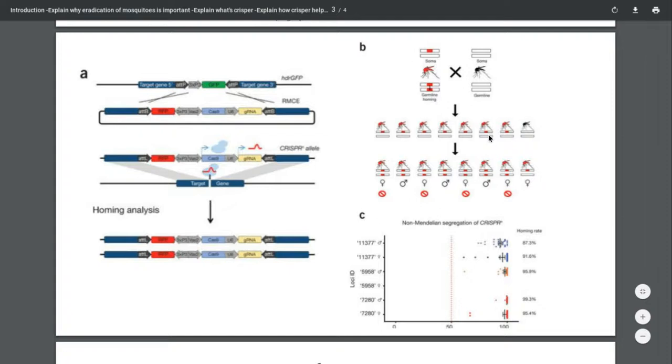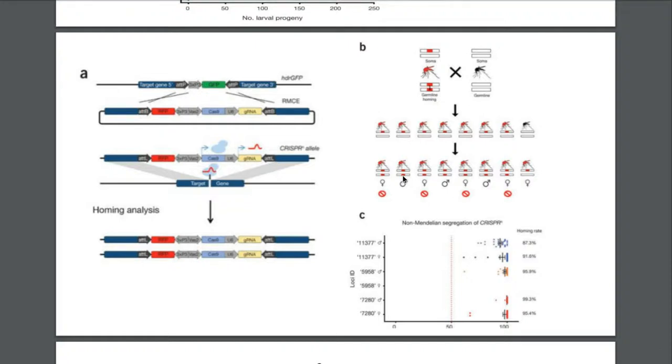Over generations, the mosquitoes that had one copy of the gene now had two copies of that same gene. It was able to cause a double-stranded break and insert into all the target genes that they selected.